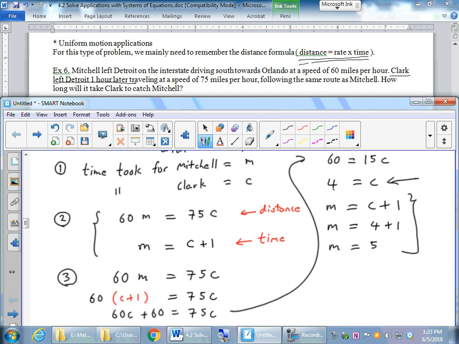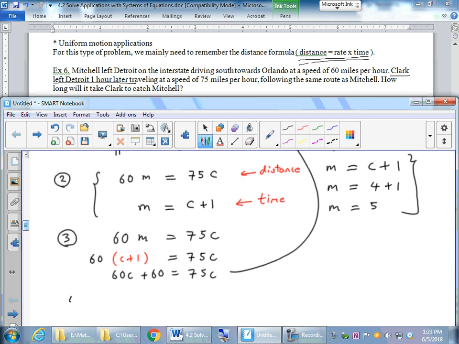So I don't even need to find this portion. Finally, I can interpret it: it needs 4 hours to catch up. Right? Need 4 hours to catch up.